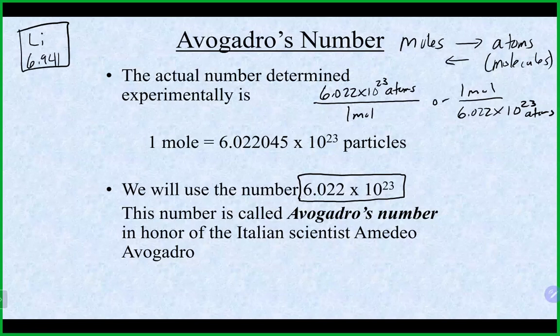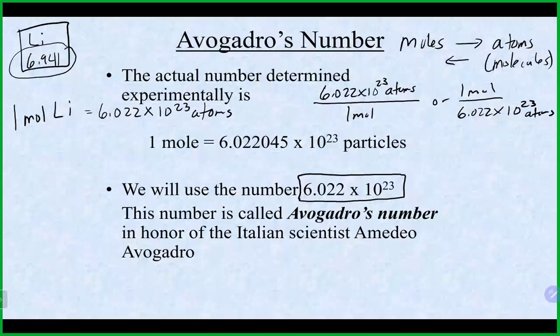When we look at lithium, if I have 1 mole of lithium, how many atoms of lithium would it have? It would have Avogadro's worth of atoms, 6.022 times 10 to the 23 atoms of lithium.